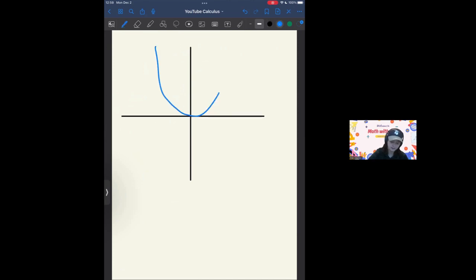Let's look at y equals x squared, which looks a little bit like this, right? As you draw it, you notice that your hand does something different as you go. At this point, you're going down.